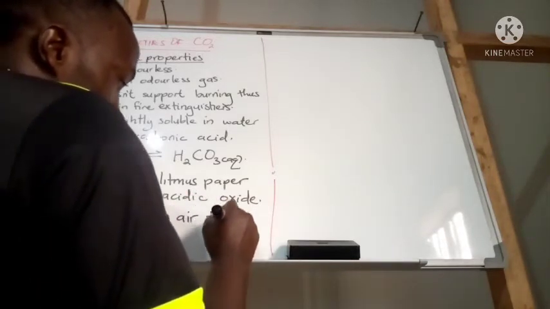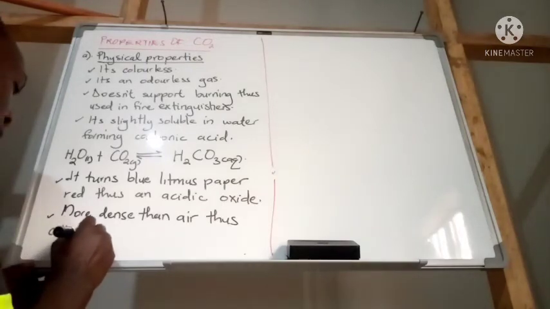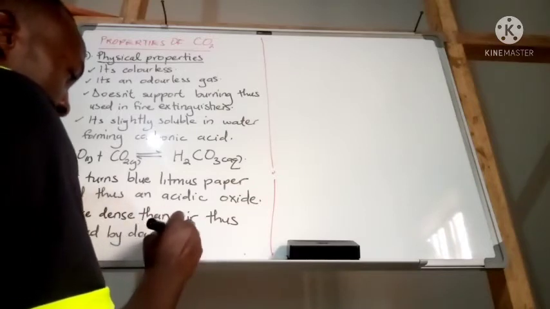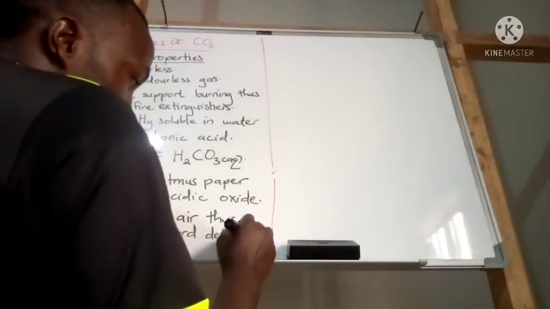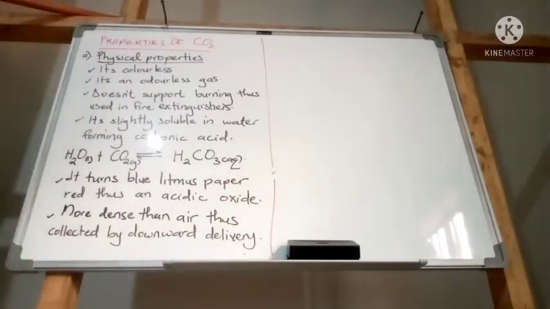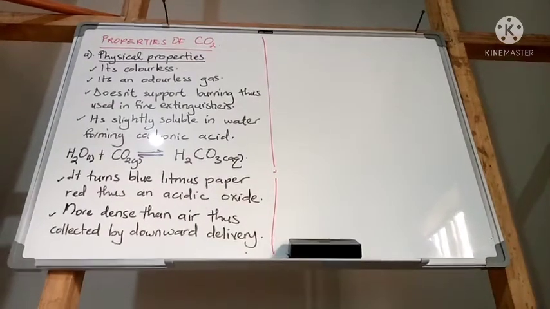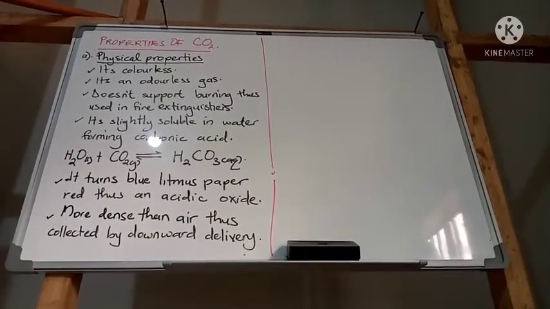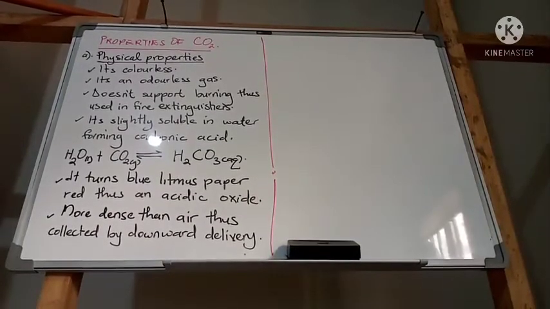And because of this property, it is therefore collected by downward delivery. More dense than air, therefore collected by downward delivery. We saw these things under preparation of carbon dioxide, and hopefully everyone has understood the physical properties.